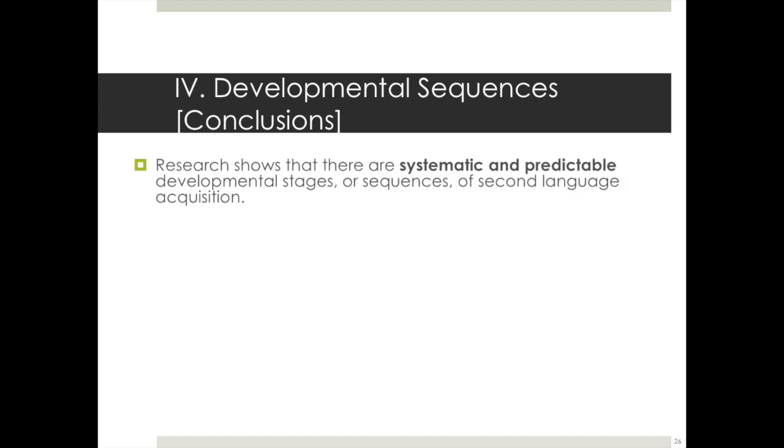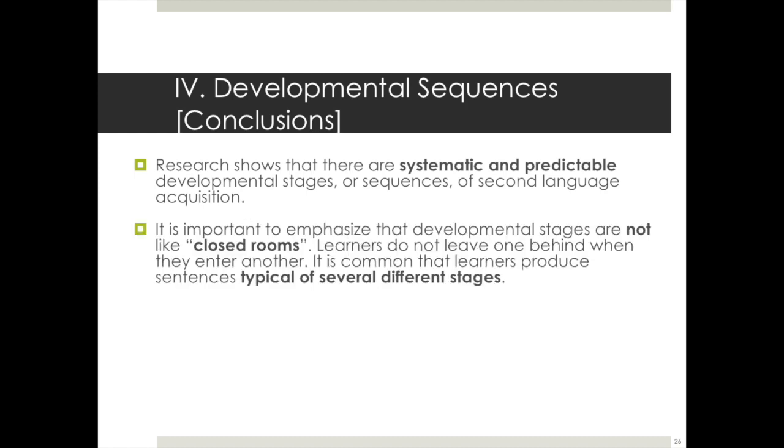So as a conclusion to this part on developmental sequences, we can say that research has proven that there are in fact systematic and predictable developmental stages which have been identified through empirical research on second language acquisition. However, when we talk about developmental sequences, it is important to emphasize that these stages are not like closed rooms where learners will move from one room once they have completed a stage to another room.